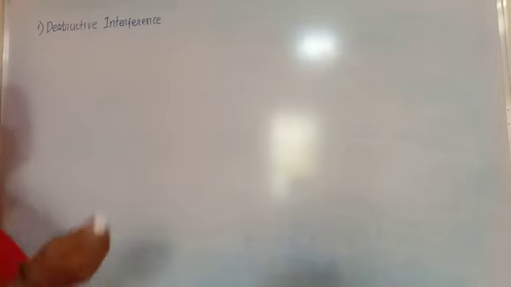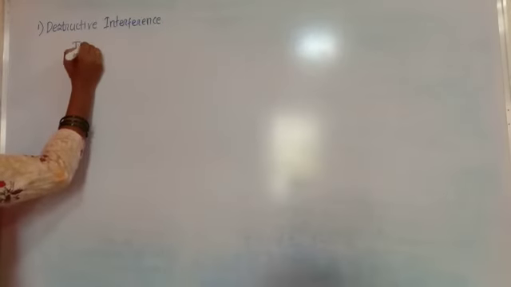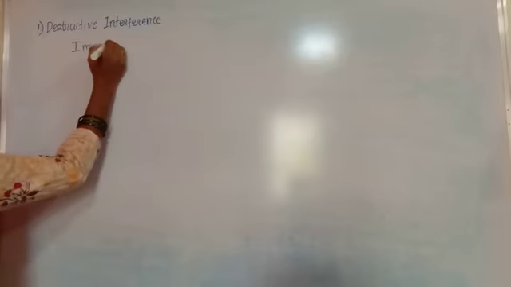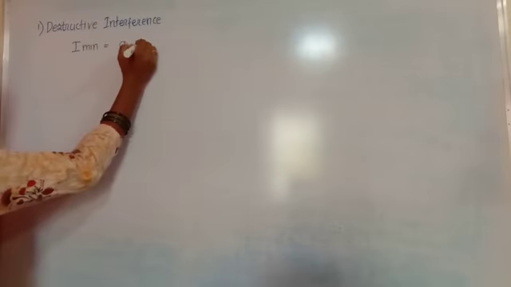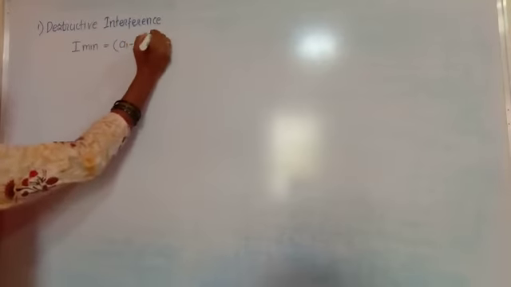Destructive interference: if the two interfering light waves arrive simultaneously at a point in opposite phase, then the resultant intensity at that point is minimum. We know that the condition for intensity minimum is (A1 minus A2) whole square.